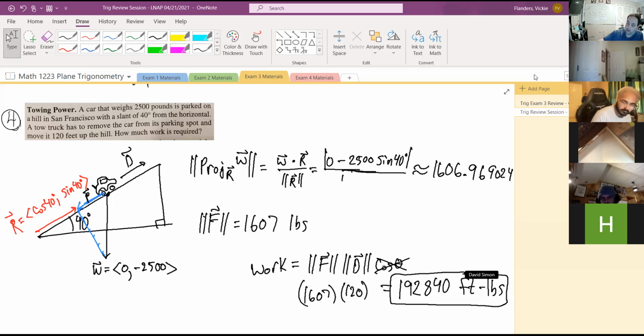Now, again, moving slowly, you would need more foot-pounds to make it move faster. We're just barely breaking the weight counterbalance.